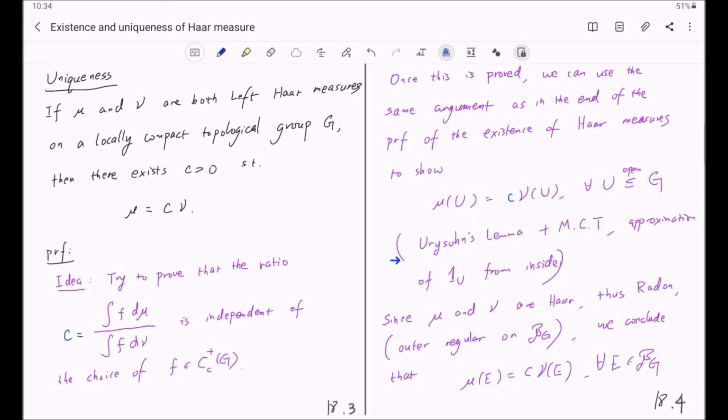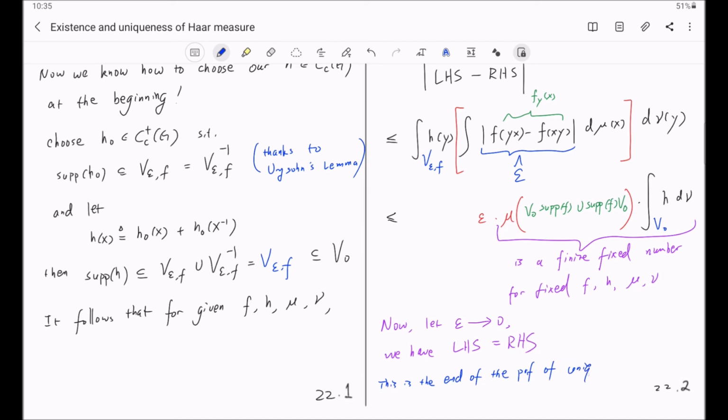But I consider that as a routine job in real analysis. You should be able to do it yourself, but if you don't, just go back and look at the end of my proof for the existence of Haar measures. And you will see this immediately. You probably don't even bother to do it yourself. But anyway, we have proved the uniqueness. We are done.